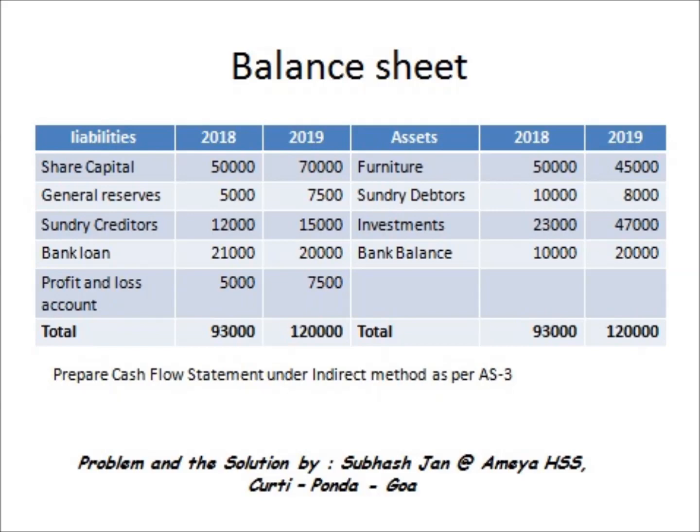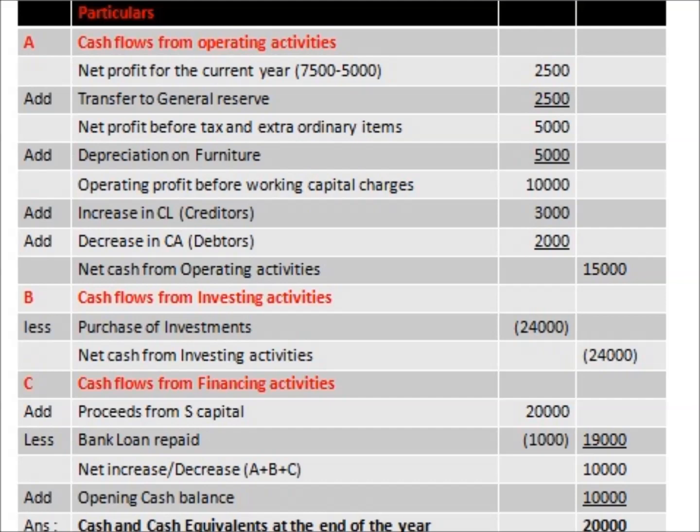Another financial item is the loan. It was 21,000 for the first year and has gone down to 20,000 for the second year. That means you must have repaid rupees 1,000 of the bank loan. So 20,000 minus 1,000, the net cash inflow from your financing activity becomes 19,000.